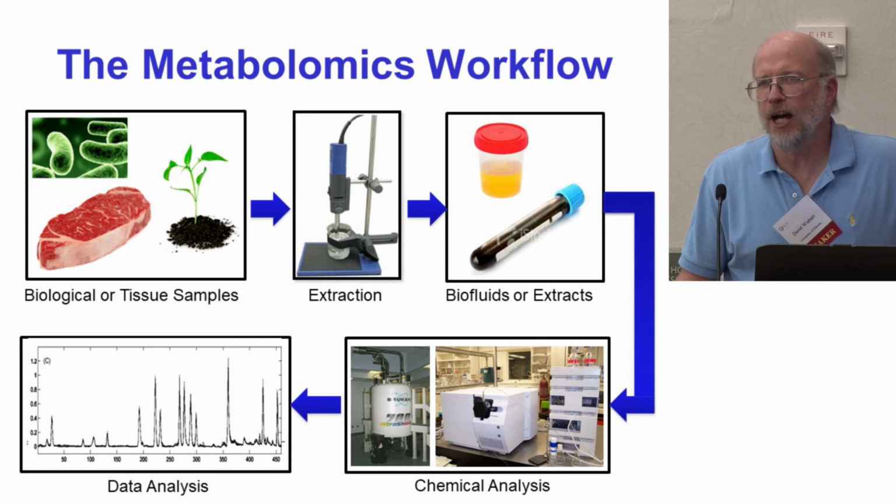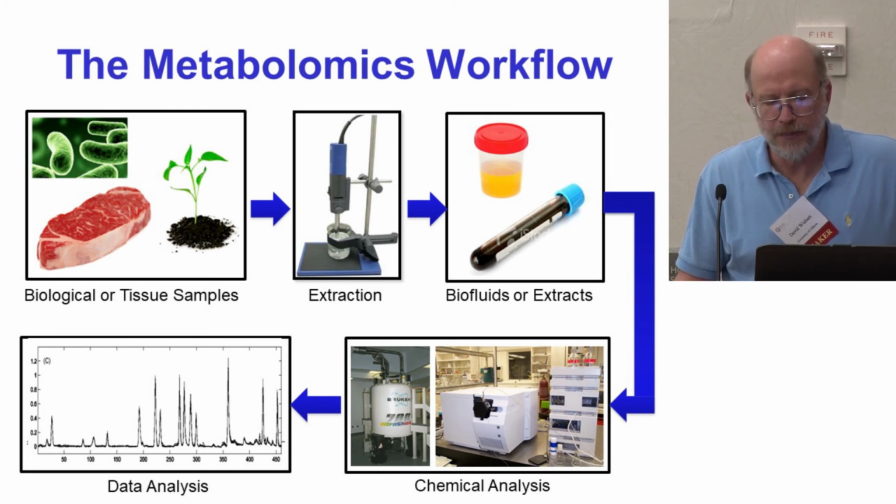You're analyzing complex chemical mixtures, and it's only in the last 10 years or so that the software and databases and technologies have appeared that actually allow this mixture analysis to be done at a fairly routine level. And so that's the fundamental development that's enabled metabolomics.